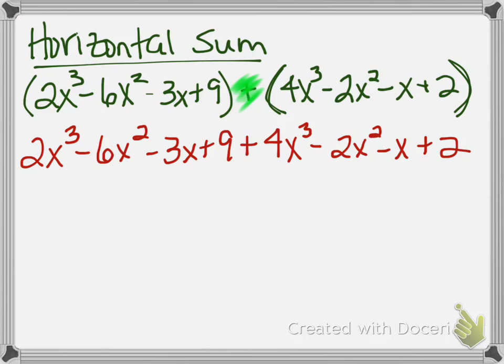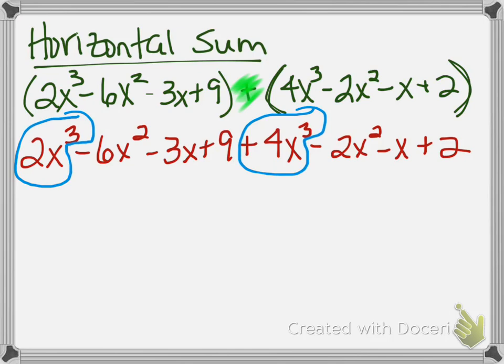I'm going to go around and use different colors because I can. You can use different shapes. And we look for what terms are in common. So we have 2x to the third and 4x to the third. Notice when I circled the 4x to the third, I circled the sign in front because that's going to tell me what to do.